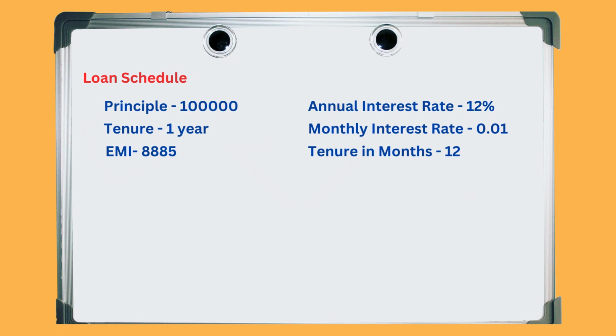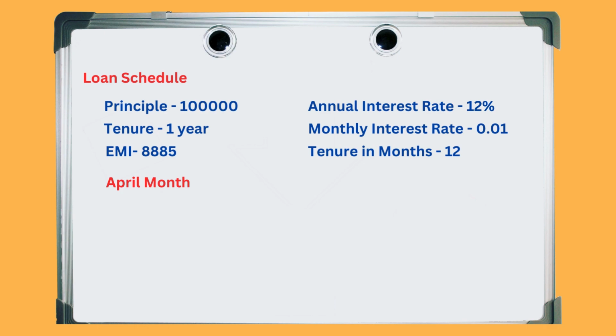Now let's take an example of how the schedule is going to work. Suppose you have taken the loan on March 1st and you are paying the first EMI on April 1st. As you have taken the loan on March 1st, the duration is the entire March, right? So they will calculate the interest for this principal amount for the entire March month.